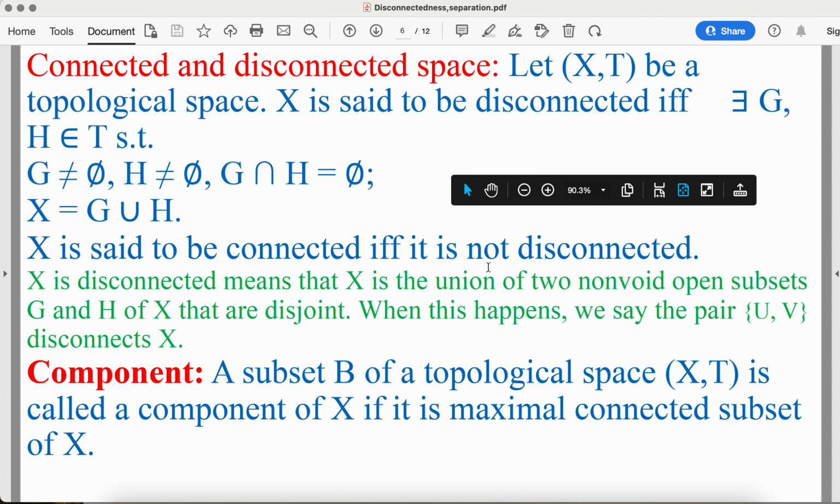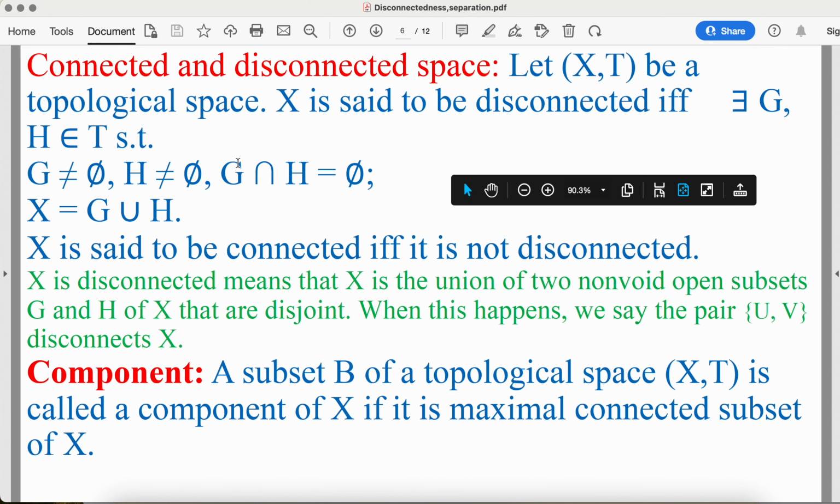So X is disconnected means X is the union of two non-void open subsets G and H that are disjoint. Non-void means they are non-empty, and disjoint means their intersection is empty.